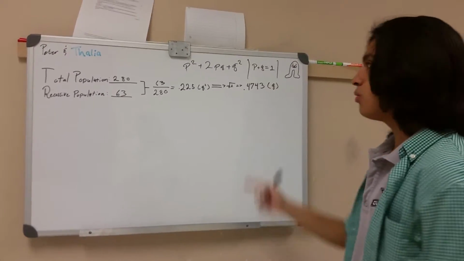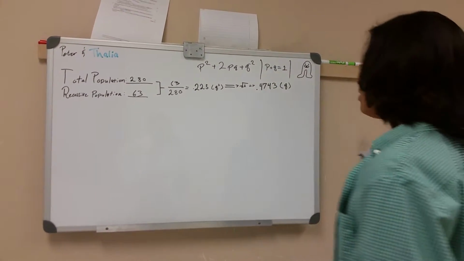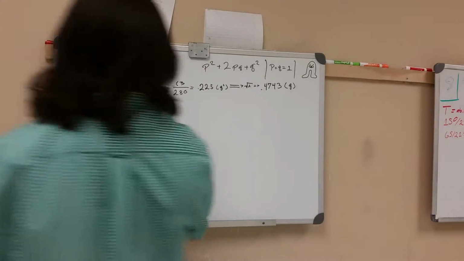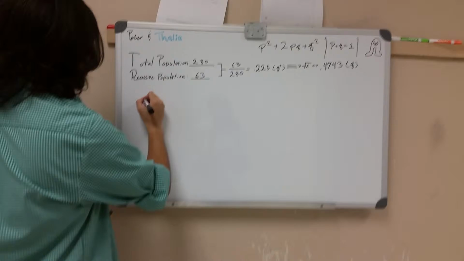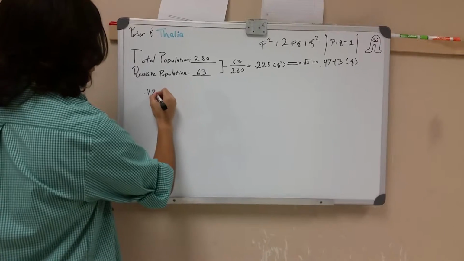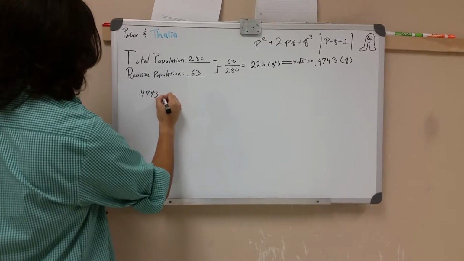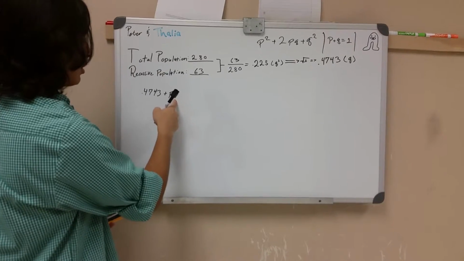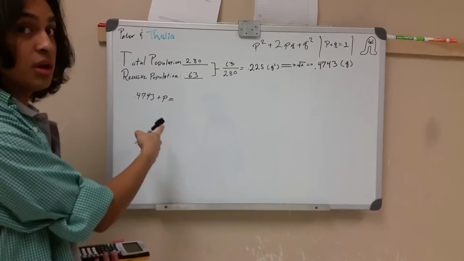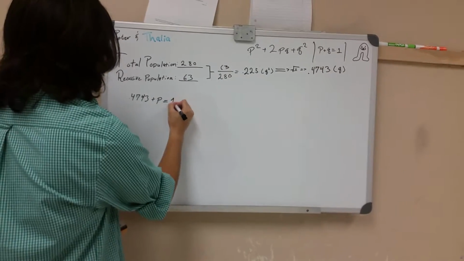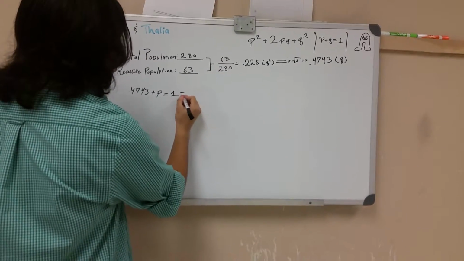Well, we already know what our q is. So all we have to do is write 0.4743 plus p, which is our dominant allele, equals 1.